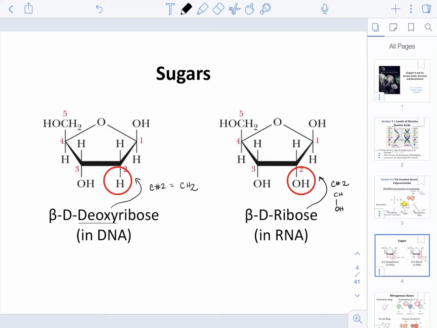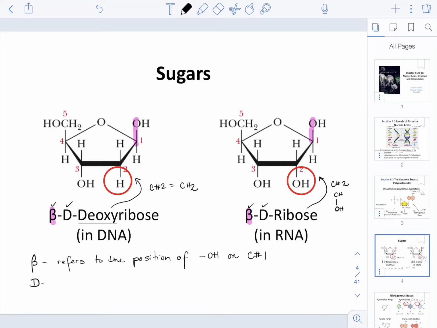Other things to notice when it comes to the sugars is the designation beta and D. They are present in both sugar motifs. Now, the beta designation refers to the position of the hydroxyl group on carbon number 1 in the sugar motif. Because the OH group is pointing up, that's what means that it is in beta position.